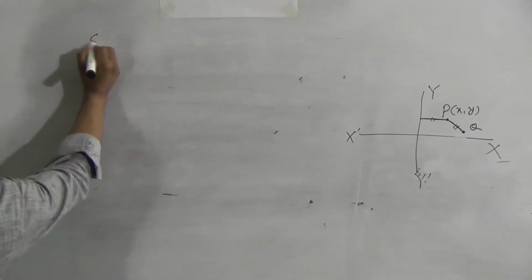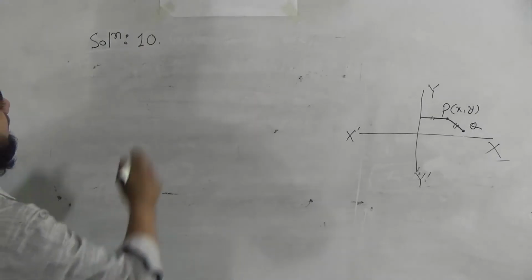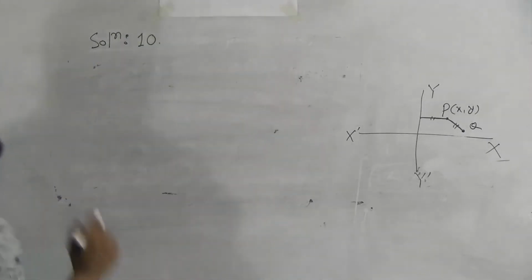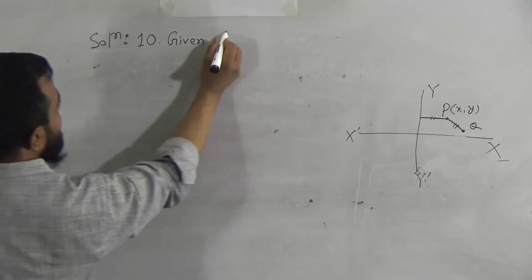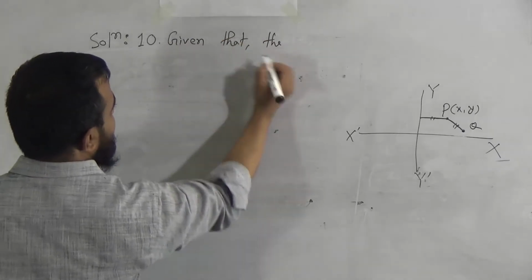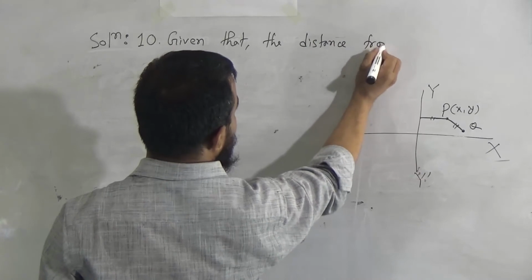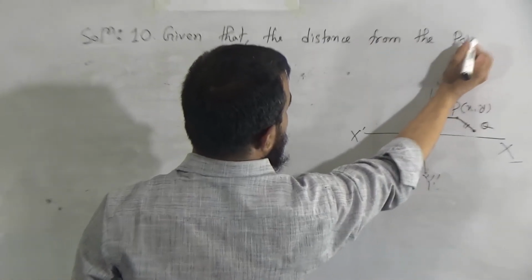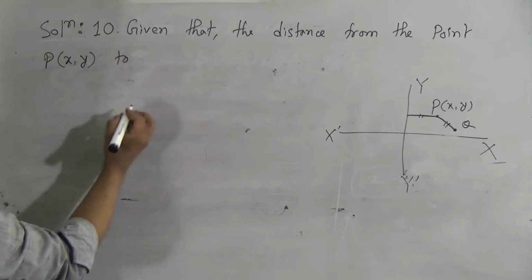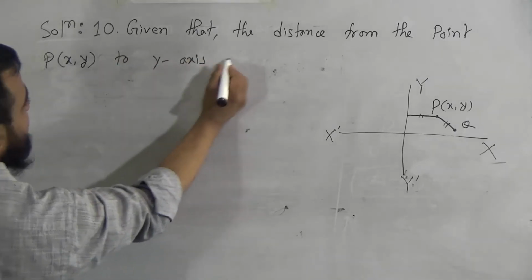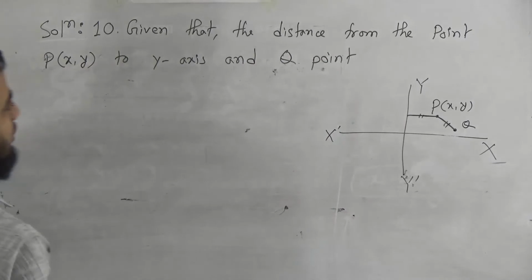Students, look, it's the solution of 10. Given that the distance from P to the y-axis and from P to Q point is equal, you should write down: given that the distance from the point P(x, y) to the y-axis and Q point is equal.